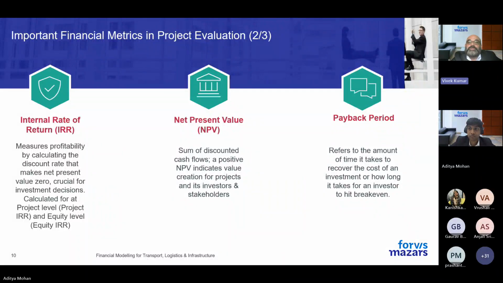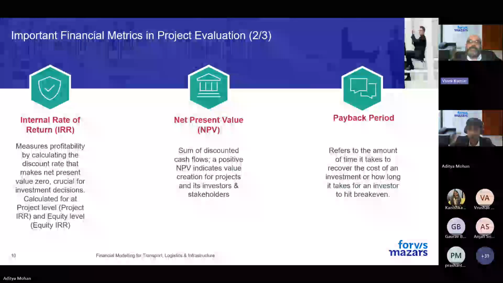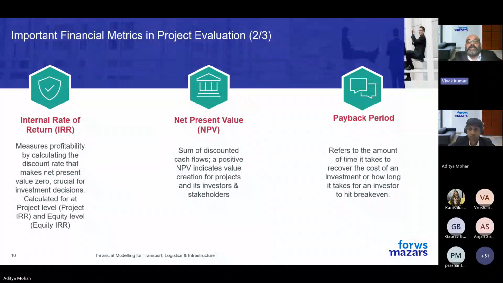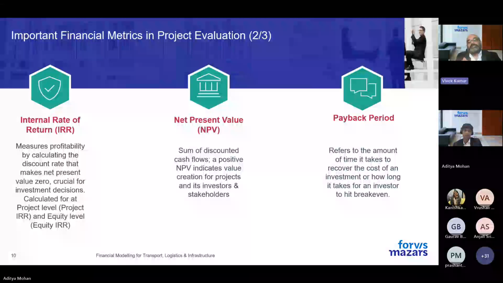Say for a warehousing project or a logistics park, your cost of capital at a 60-40 debt equity ratio would be about 10% or below. So one way of understanding this is that, adjusted for time, you are earning a 15% return, whereas your cost is 10%. That means your project is profitable, is viable.